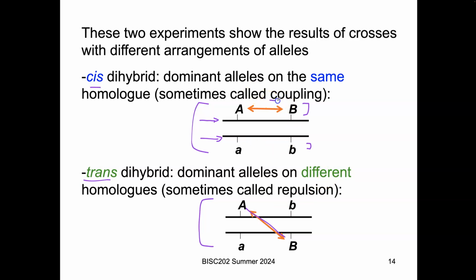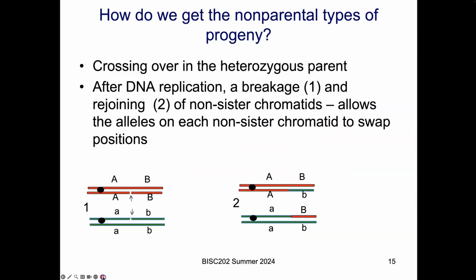Now, they used to sometimes be called coupling and repulsion, where with coupling, it's the two dominants together as a couple, sort of, and the two recessives together as two coupled. Whereas with repulsion, it's as if they're pushing away from each other. I don't find this very intuitive. I think cis and trans make more sense to me. And if you've taken chem courses, you'll hear about cis arrangements and trans fats and things like that, so that might come more easily. Whichever term you find more intuitive and easiest to remember is the one you should use.